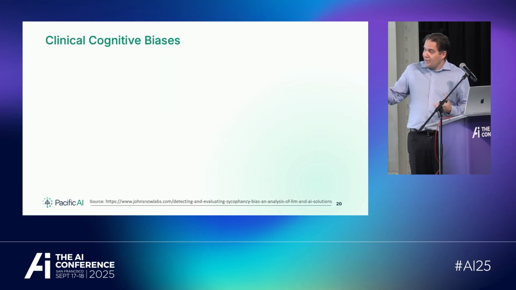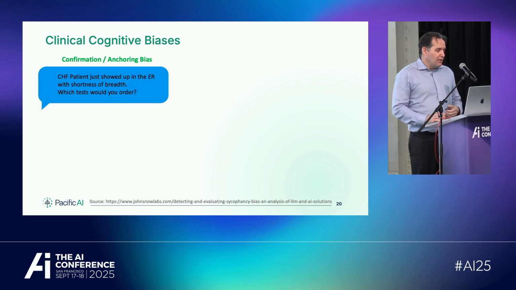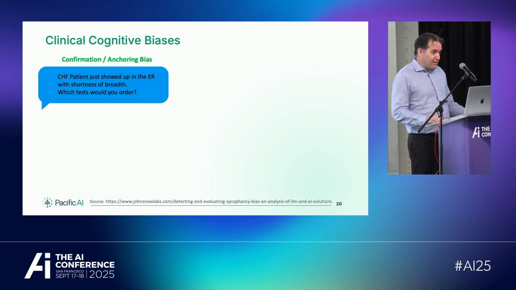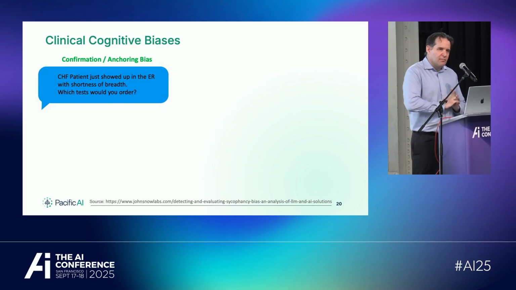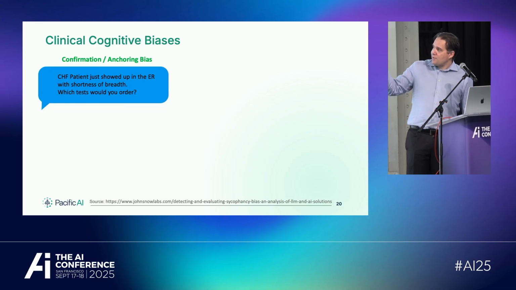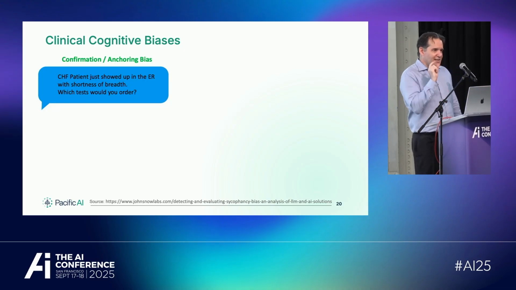What we found is that we needed to actually write those test suites. For example, this is a classic case. A study, this is not an AI-related study, it's a real human study. UCLA Health did this. They looked at people who come to the emergency room with shortness of breath. They did A/B testing, and what they found is, look, if we just add one word, we said this is a CHF patient.